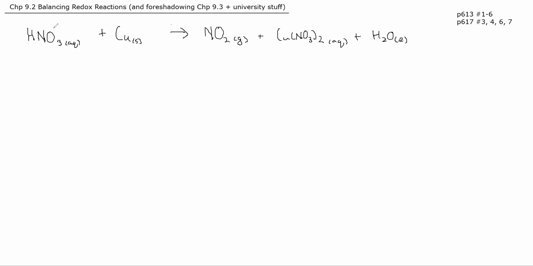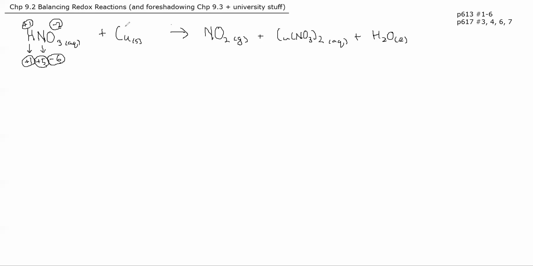Using redox numbers, I know that oxygen is always going to be -2. I have 3 oxygens, so total that's going to be -6. Hydrogen typically is going to be +1. And I only have 1 of them, so it's going to be +1. That means my nitrogen must have a redox or oxidation number of +5.